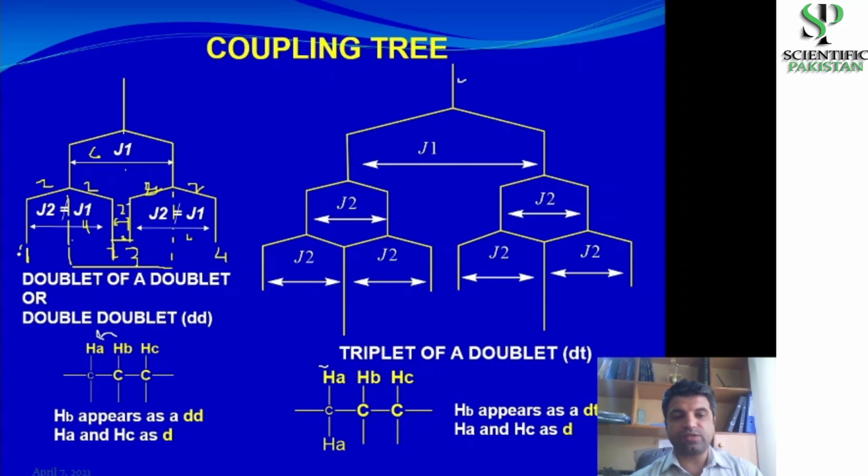So the difference between 1 and 3 now is equal to 6 hertz, because from 1 to the center is 2, from the center to 2 is 2, and from this line to the third is 2. So from 1 to 3 you have a distance of 6 hertz, or a magnitude of 6 hertz spreading.